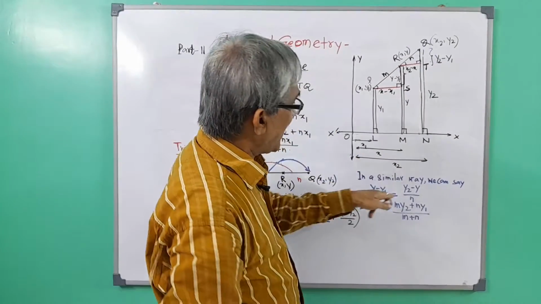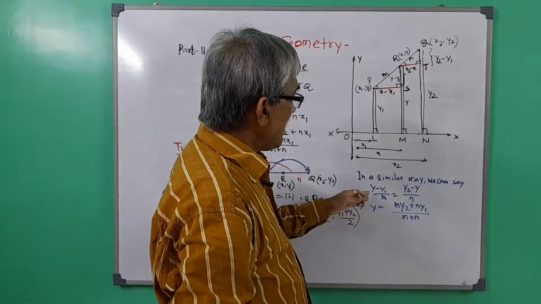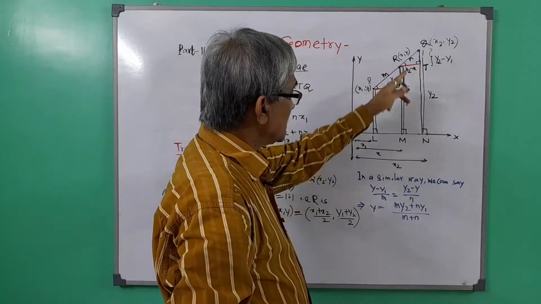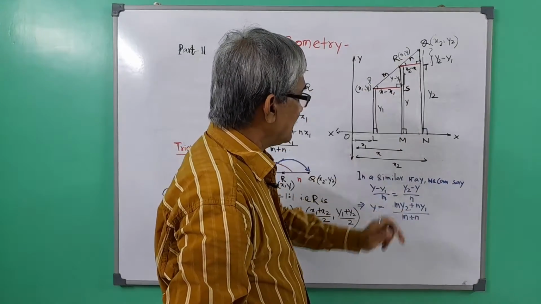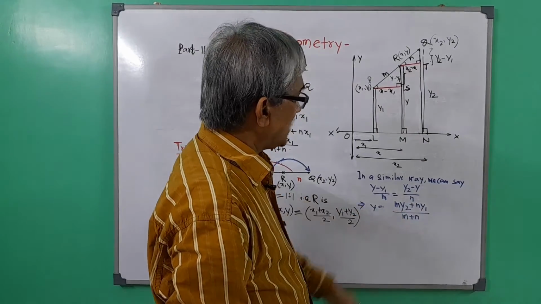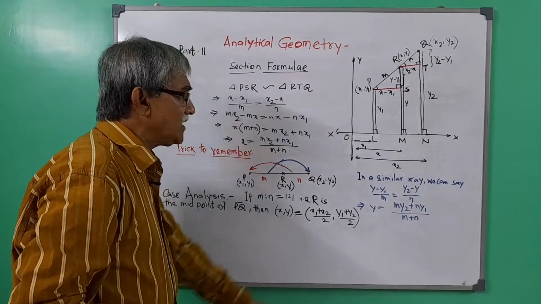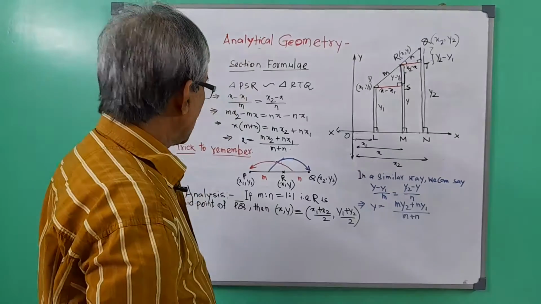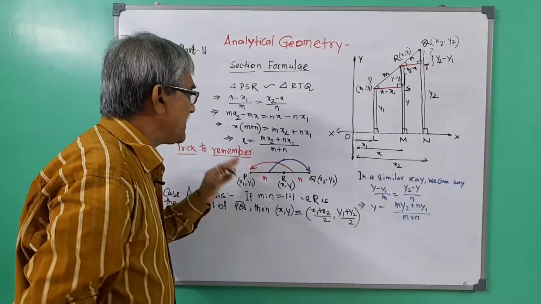In a similar fashion, you can find y also: y minus y1 upon m equals y2 minus y upon n. This way you get y equal to (my2 plus ny1) by (m plus n). Now I give you a trick to remember this formula.